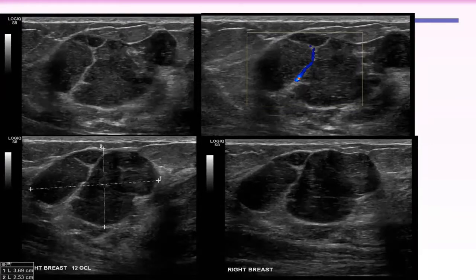Sometimes they have histological overlap. However, after surgical removal, the diagnosis was fibroadenoma.